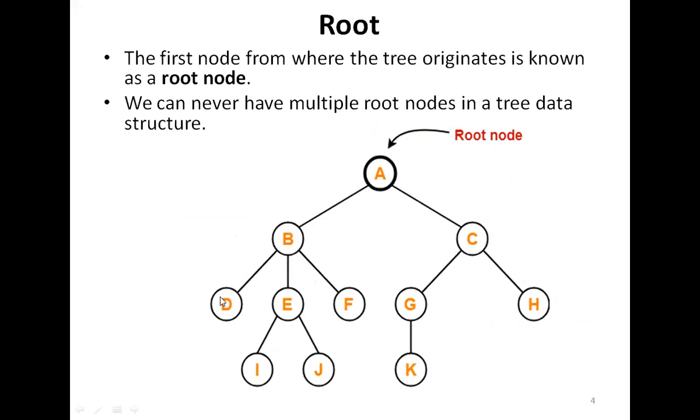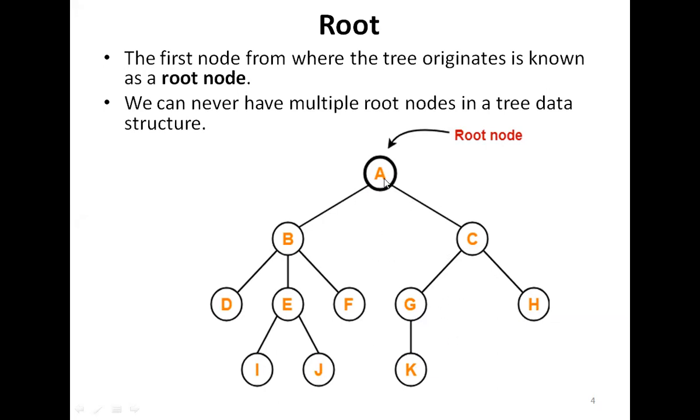Then from B, three nodes are originated. Then from C, two nodes are originated. From G, one node is originated. From E, again, two nodes are originated. So like this. This is a tree, and this node A is the root node because all other nodes are originated from this node A.